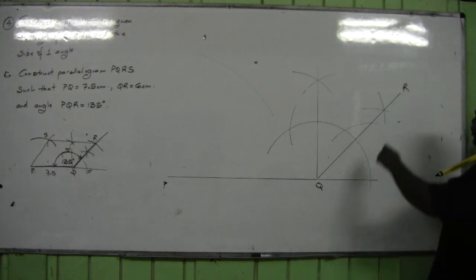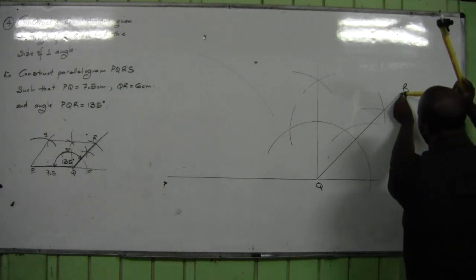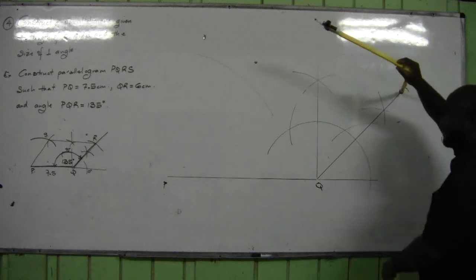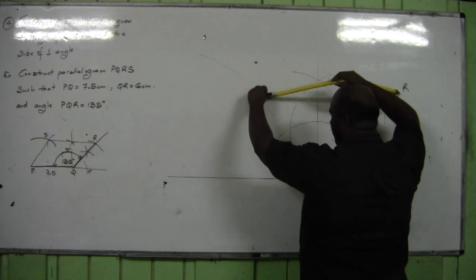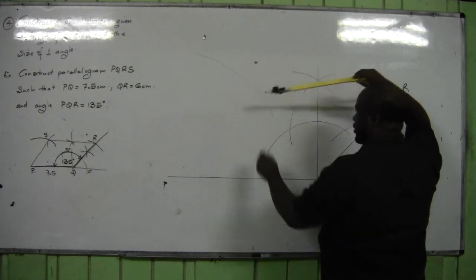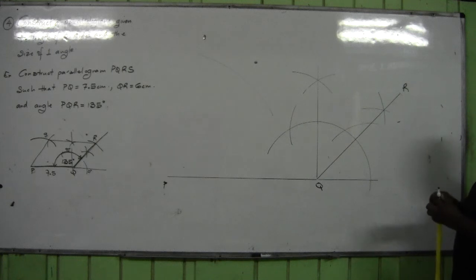Remember, this is the point R. I put the metal tip at R and I scribe. I'm in a little trouble, so I'm going to try and fix my problem. I'm going to extend this a little longer.